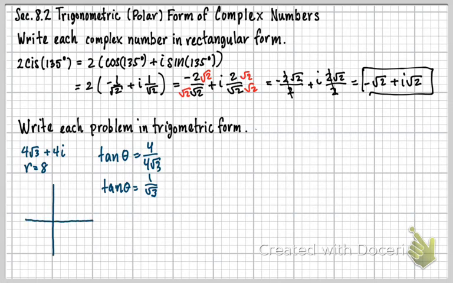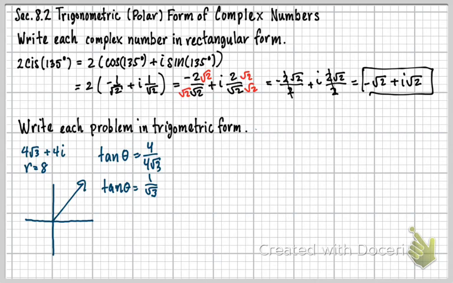So now if I'm thinking about 4 root 3 plus 4i, remember this is like my i-axis here, this y is. So that means I'm going to go to the right 4 root 3, and then I'm going to go up 4. So that tells me I'm going to be in this direction.